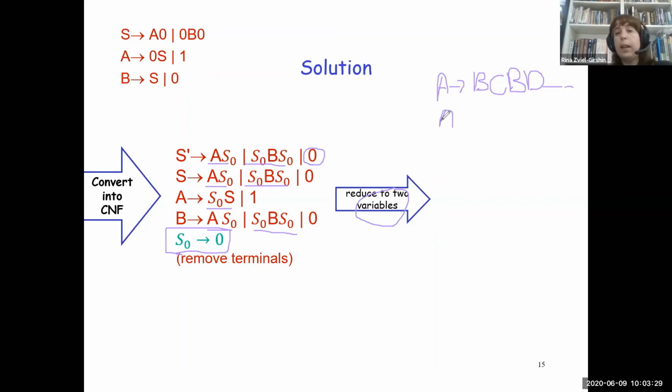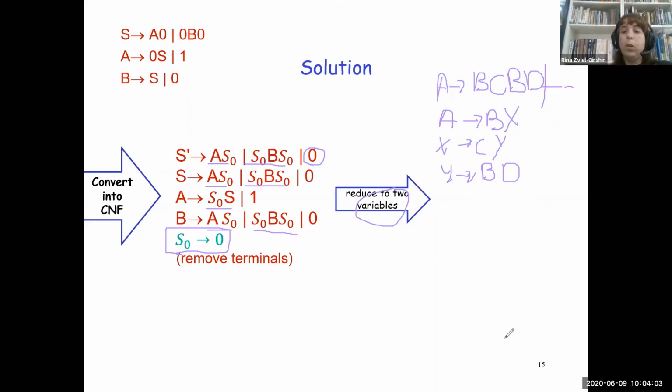I can write A derives B and some additional variable X. X will derive C and the rest of the rule, let's call it Y. Y now will derive what is left here, which is BD. So in a finite number of steps, I can rewrite the right-hand side of any rule to having only 2 variables.